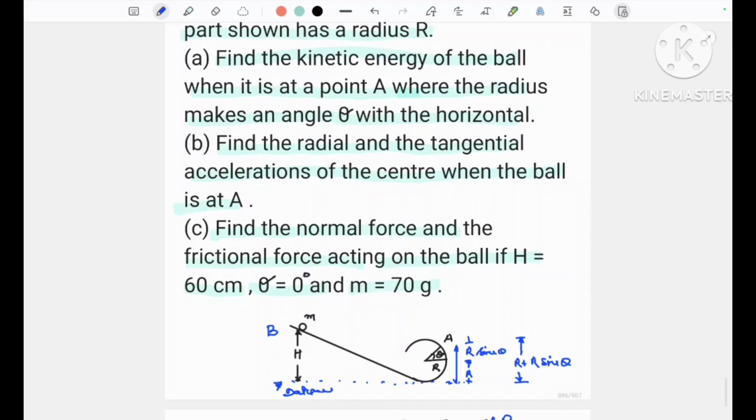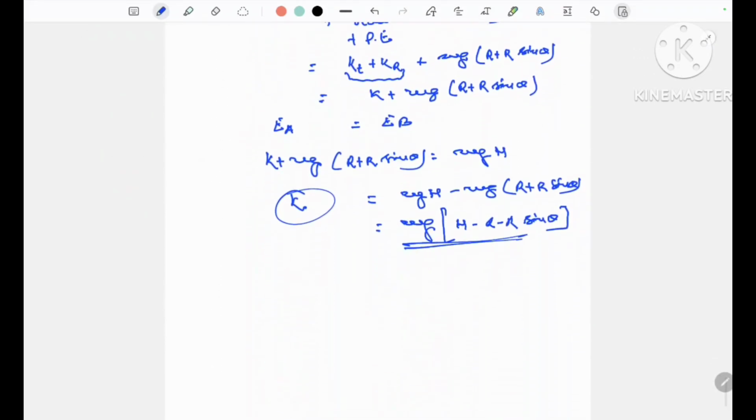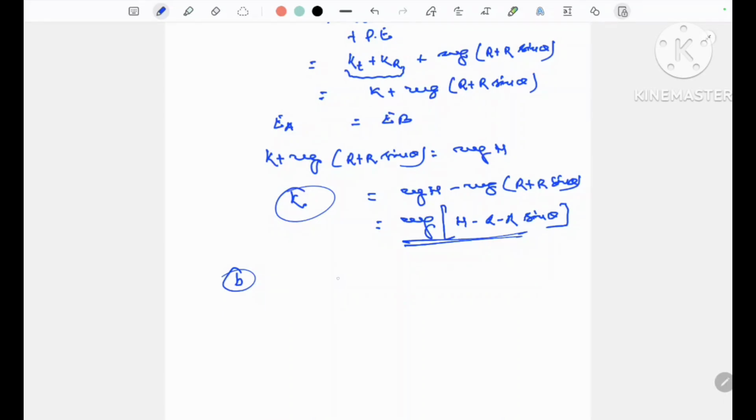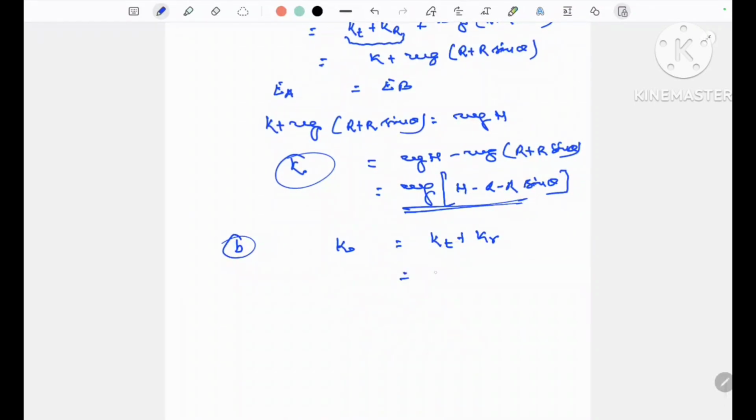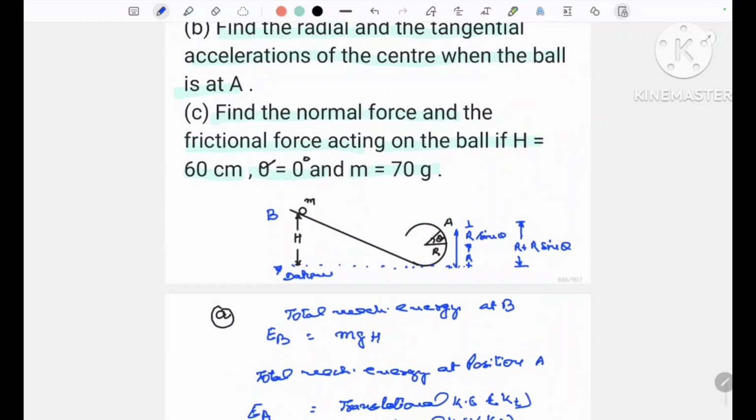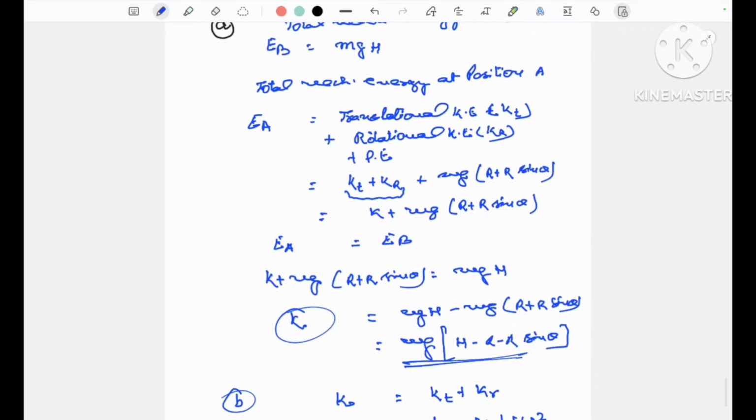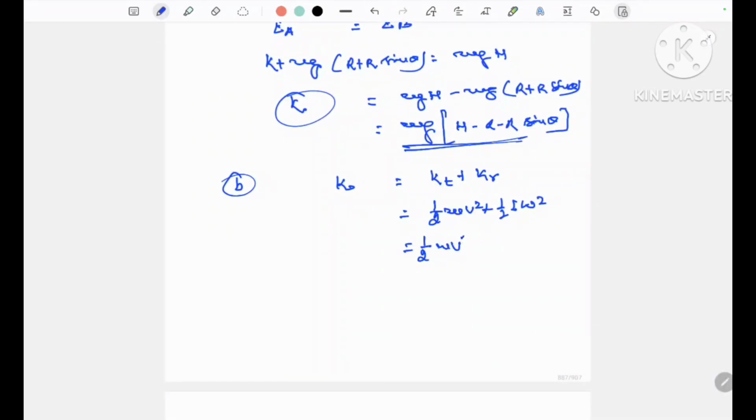B part. Find the radial and the tangential acceleration of the center when the ball is at A. Total kinetic energy is KT plus KR, or KT is half mv square plus half I omega square, or half mv square plus half I, for spherical ball 2 by 5 mr square, अगर इसकी रेडियस r है, into omega square, half mv square plus 1/5 mr square omega square.